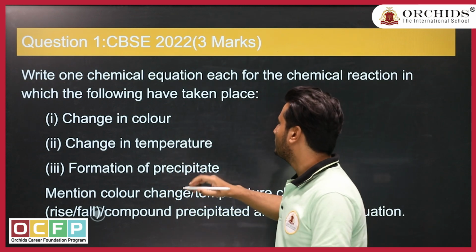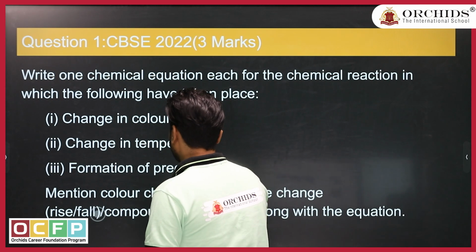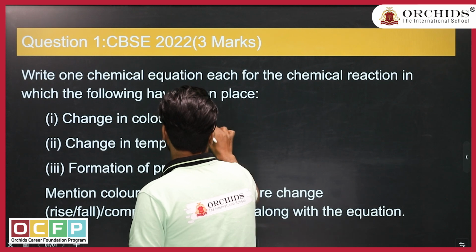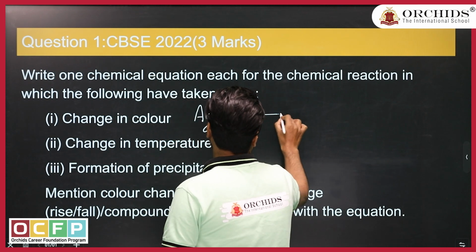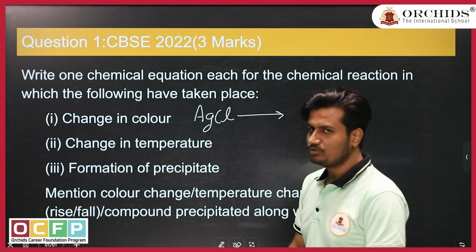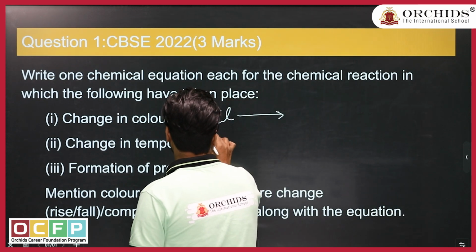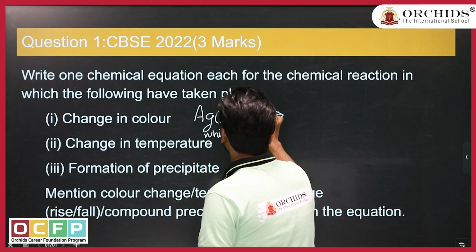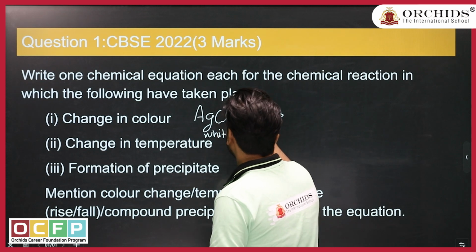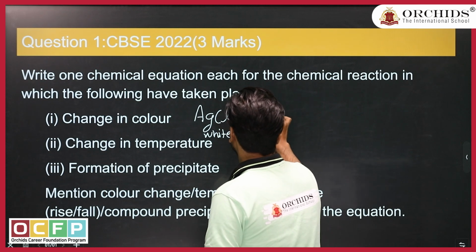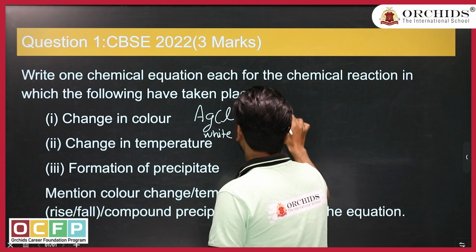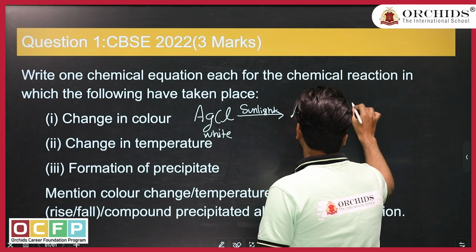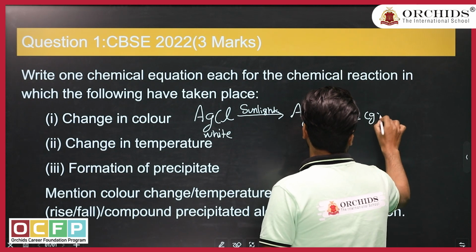That is AgCl, silver chloride, whose original color is white, which decomposes in the presence of sunlight to produce silver plus Cl2 gas.